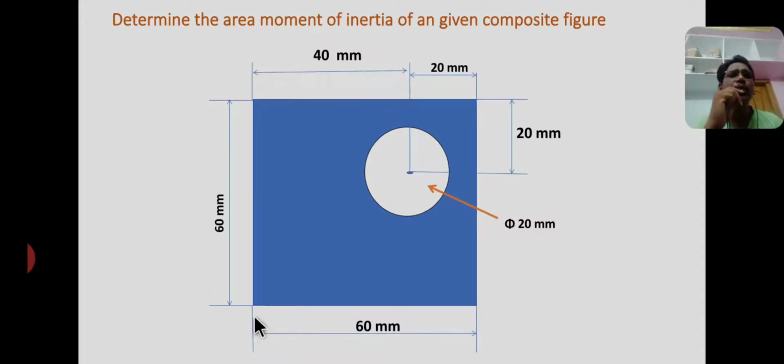Now the given figure, first of all, is split up into two parts, that is one part is this square section and another part is the hollow section. So you have to number them as 1 and 2. I consider this one as section 1 and this one as section 2.